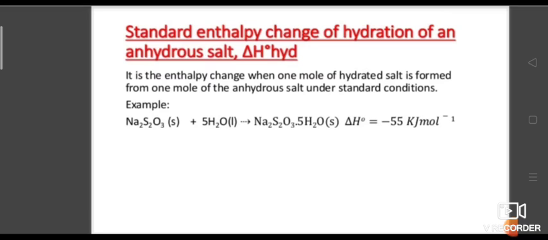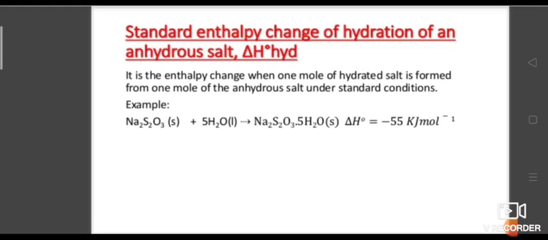By adding water. Then it is known as the standard enthalpy change of hydration of an anhydrous salt. An example is given: sodium thiosulfate plus water gives sodium thiosulfate pentahydrate. We can write another example: Na2CO3 plus 10H2O gives Na2CO3·10H2O. That is also an example of standard enthalpy change of hydration.